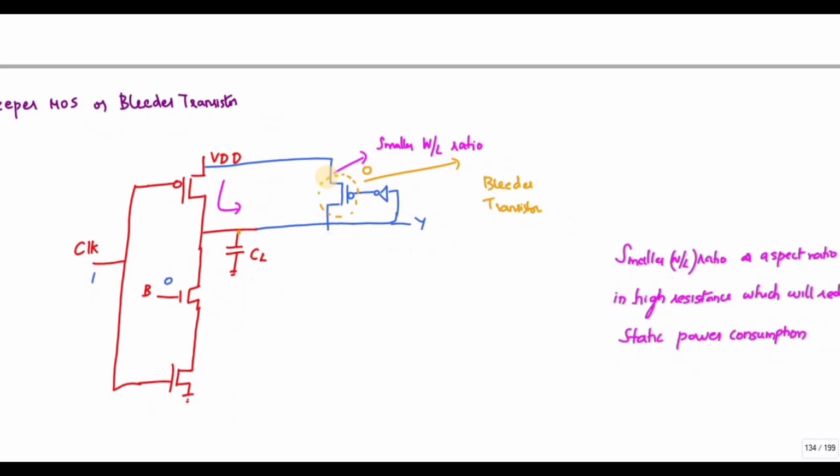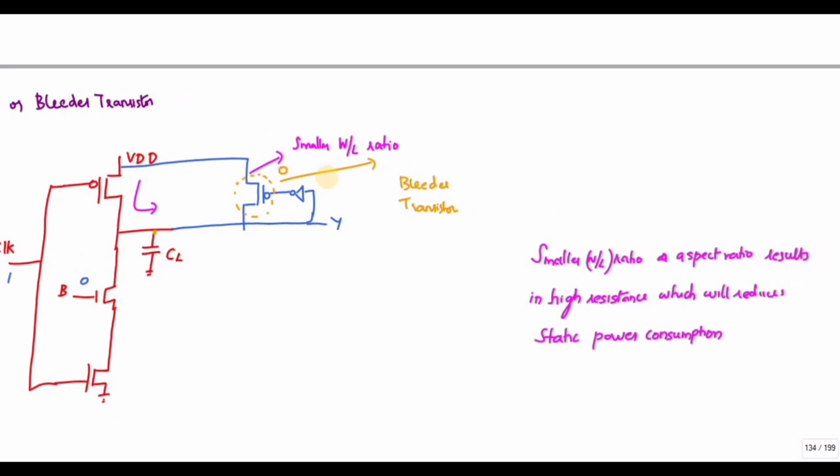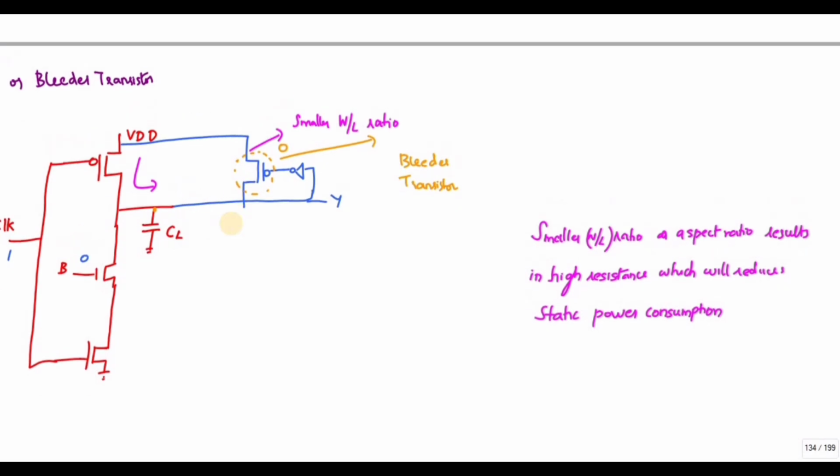But the problem is I need to make the W by L ratio of this PMOS very small. Why? Because during the evaluation phase, if B is 1, the charge in the capacitor has to discharge to ground. So the smaller W by L ratio will result in high resistance and it will reduce the static power consumption.